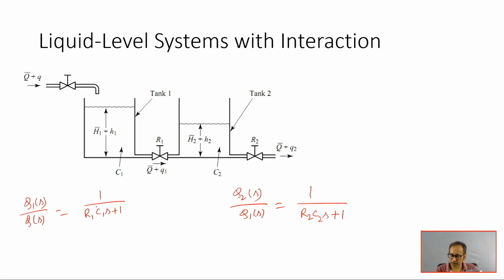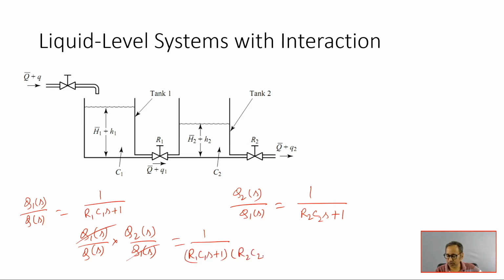Now, if you just multiply these two, then it is Q1S by QS into Q2S by Q1S. So, Q1S cancelled out. So, overall transfer function is 1 by R1 C1S plus 1 into R2 C2S plus 1.